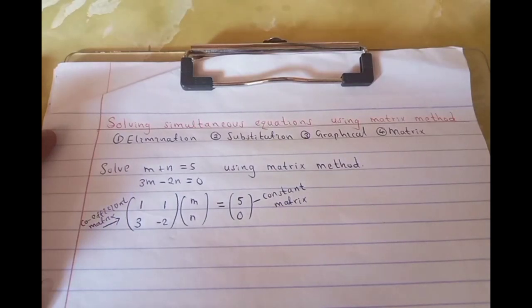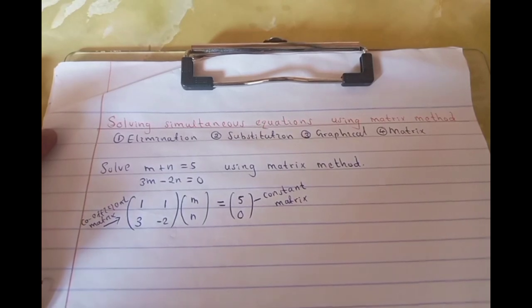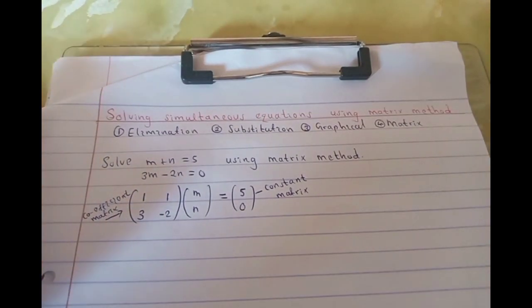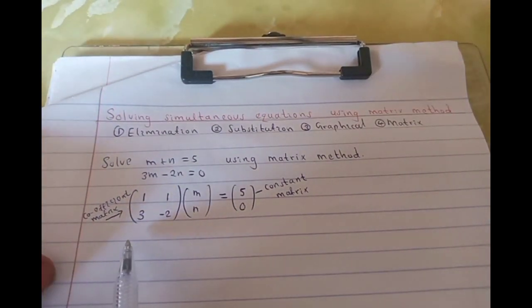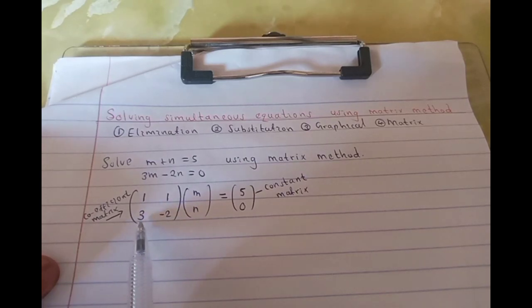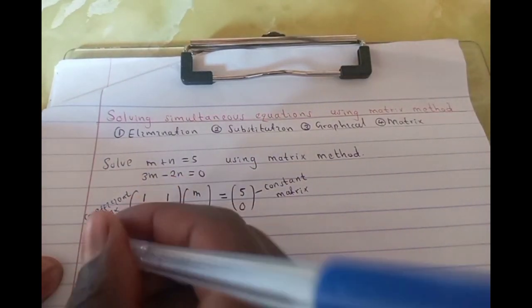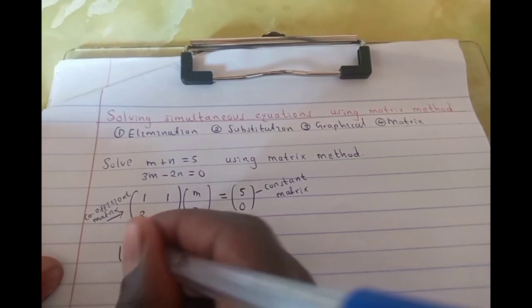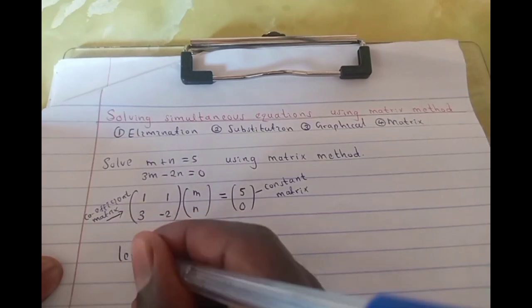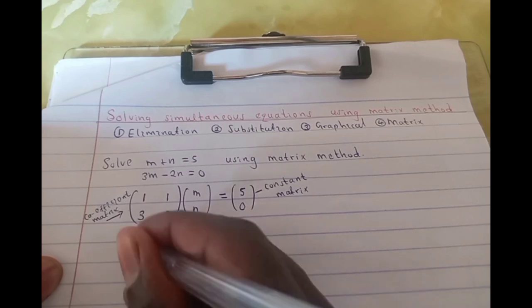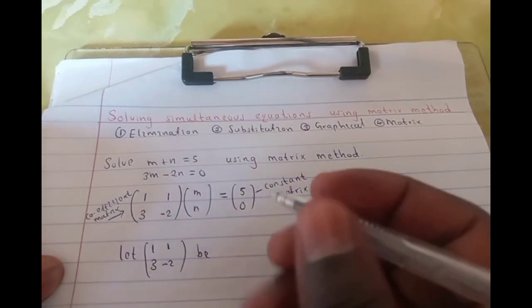After turning your linear equations into a matrix equation, the next thing that we will do is find the inverse of the coefficient matrix. So we'll let 1, 1, 3, negative 2 be a matrix.